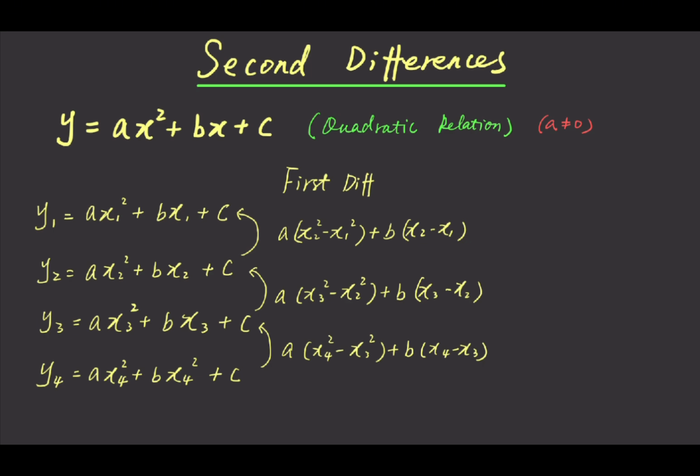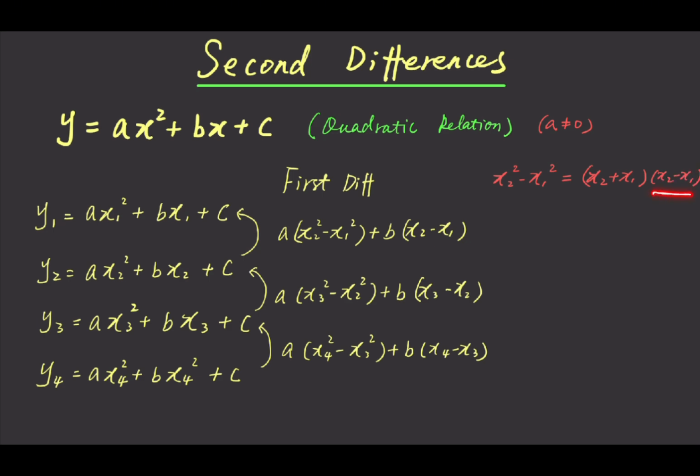Why? First, observe this term, x2 squared minus x1 squared. This is a difference of squares. So we use the formula to get the corresponding expression, x2 plus x1 times x2 minus x1.